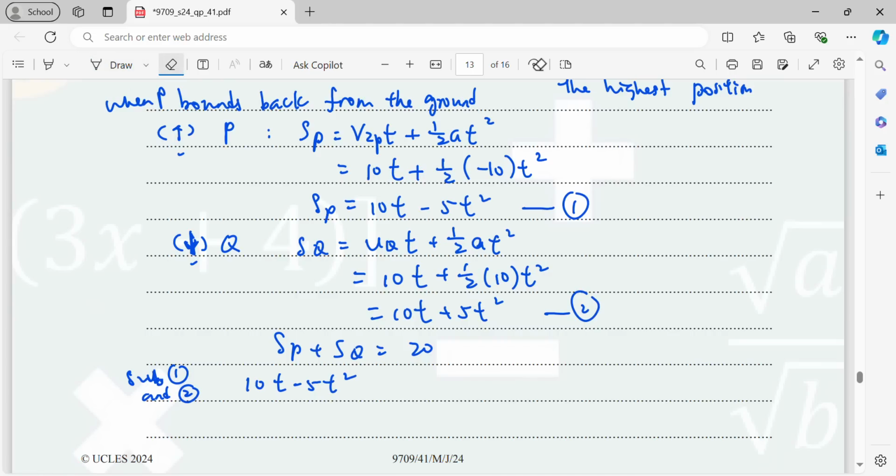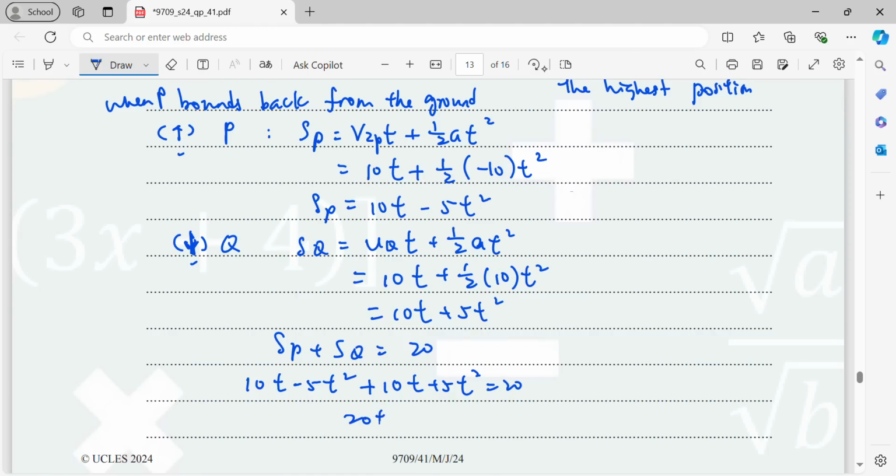So just write this, then plus 10T plus 5T squared equals 20. That means now here you will get 20T equals 20. So I know that my T is going to be 1. So when T equals 1, they will collide. So I will write when T equals 1, P and Q collide again.